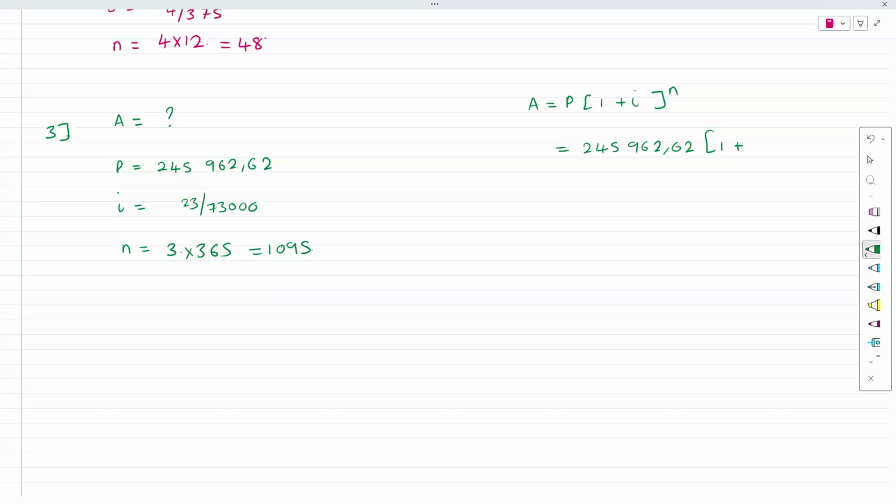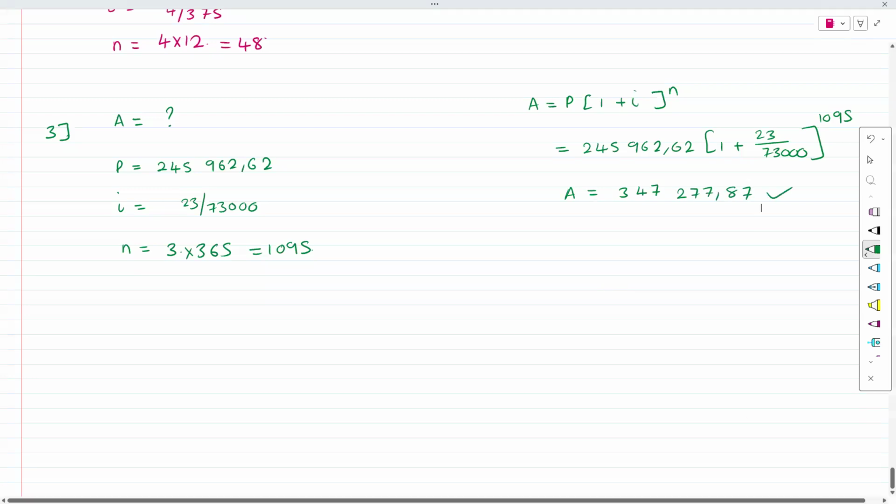And that's 1 plus I, which is 23 over 73,000. And that's 1095. And this answer should be, this guy made about 300 some change: 347,277.87. And that's all there is to this timeline question.